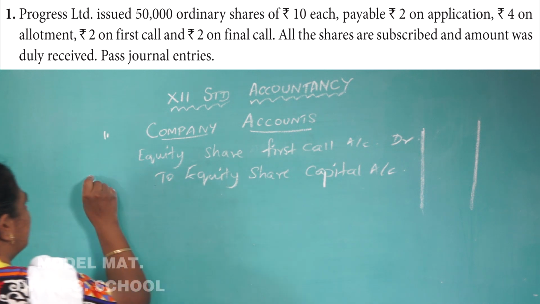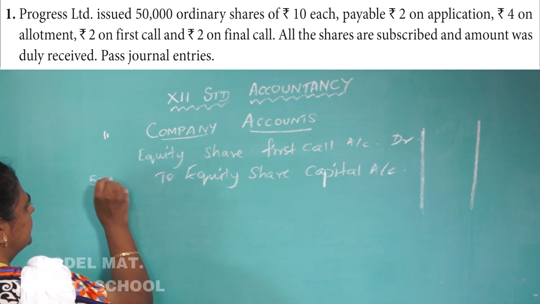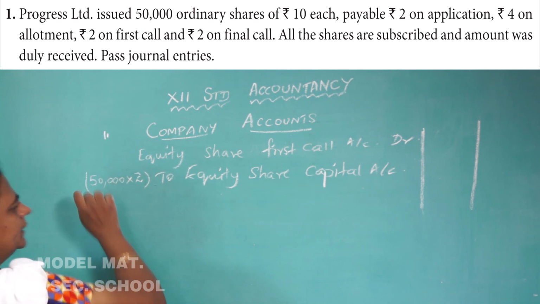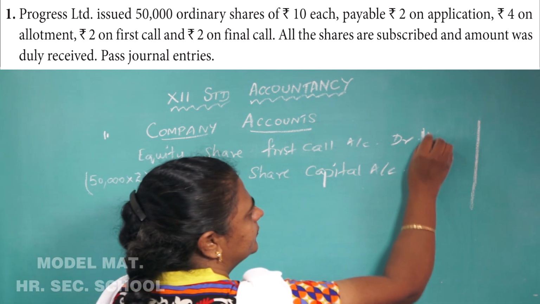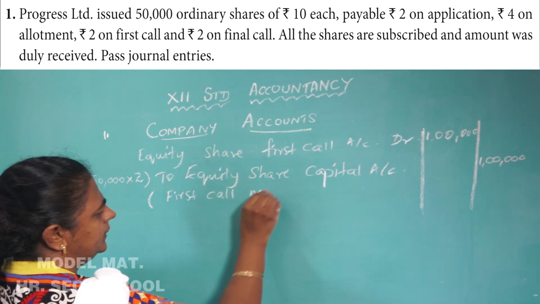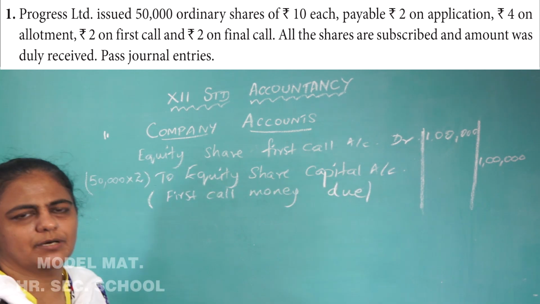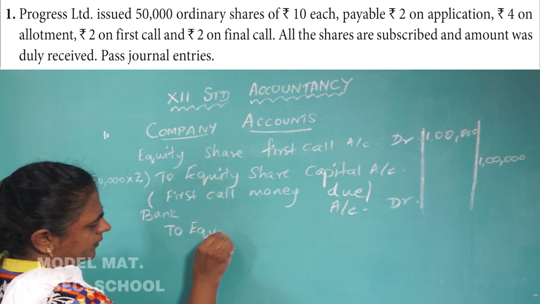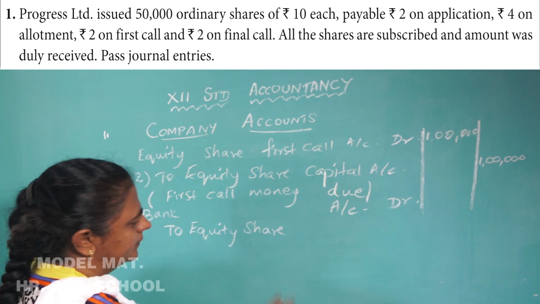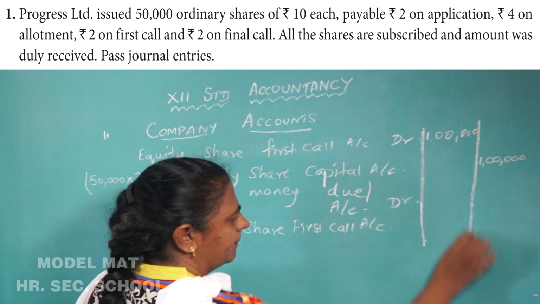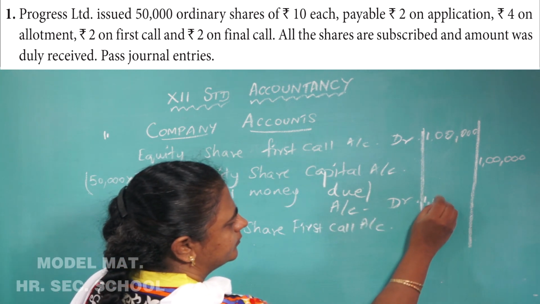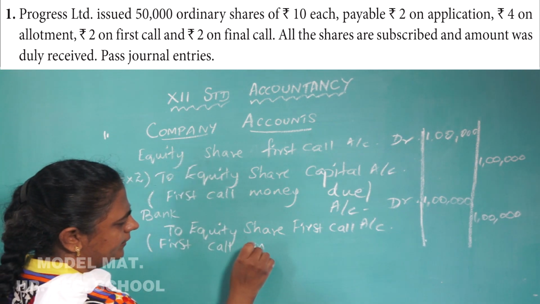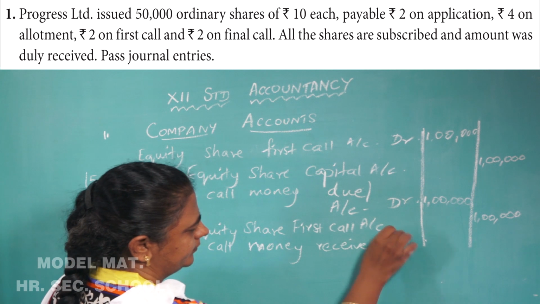Again, how many shares? 50,000 shares into 2 rupees first call money, so that is 1 lakh first call money due. Next is the receipt of first call money: bank account debit to equity share first call account. Again the same amount, 1 lakh, first call money received.